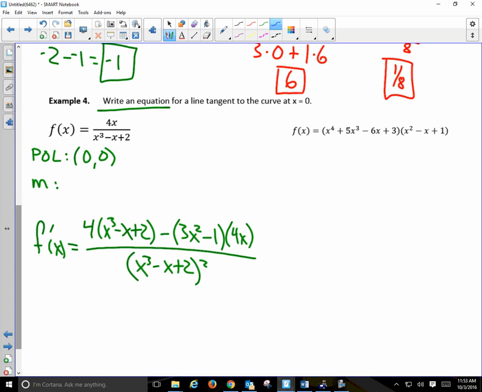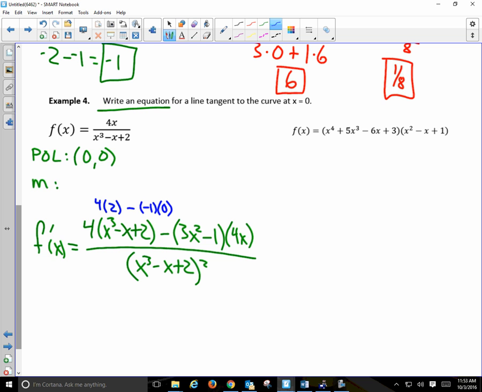Does the problem ask you to simplify the derivative? No. So I don't have to worry about simplifying that. All I have to do is plug in 0. Don't waste time trying to simplify it. Just plug in your 0 right now. You get 4 times 2 minus -1 times 0.